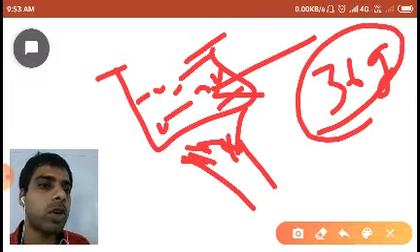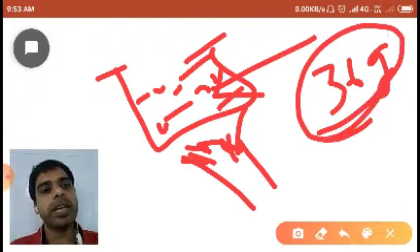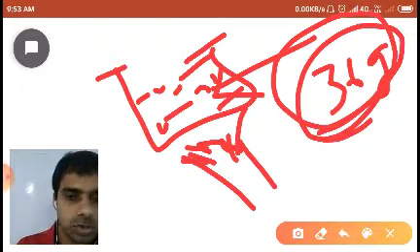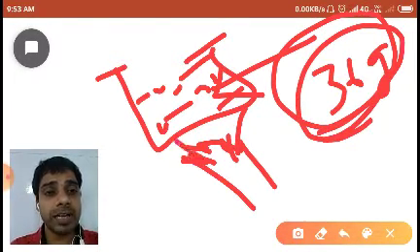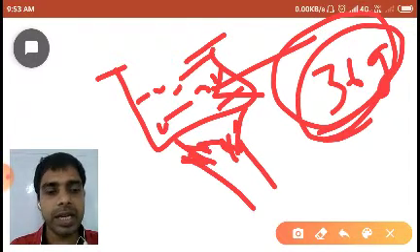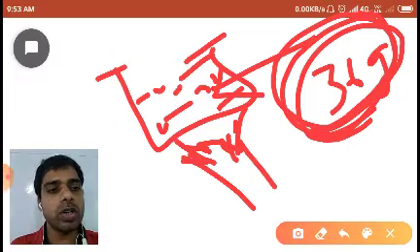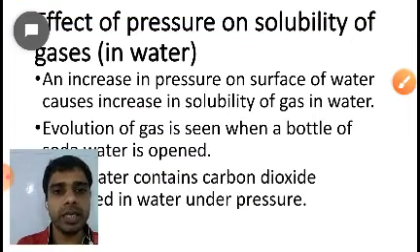So if we increase the temperature to 298, 300, 375, 400, then the amount of solute will also increase. The solubility will also increase.